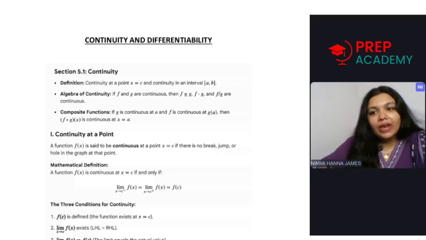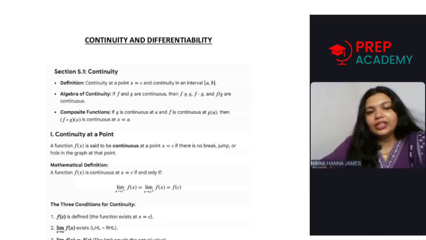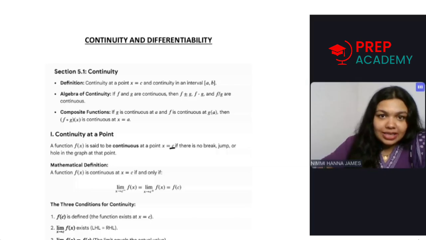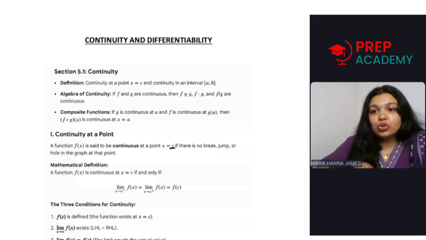So how do we define it algebraically? How do we give a mathematical definition for continuity? If a function needs to be continuous at a point x equal to c, where c is a point in the domain, then there should be no jump.